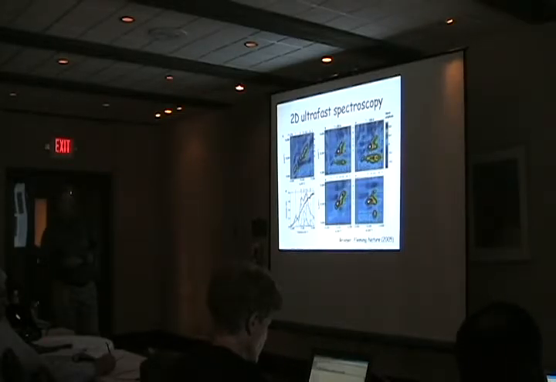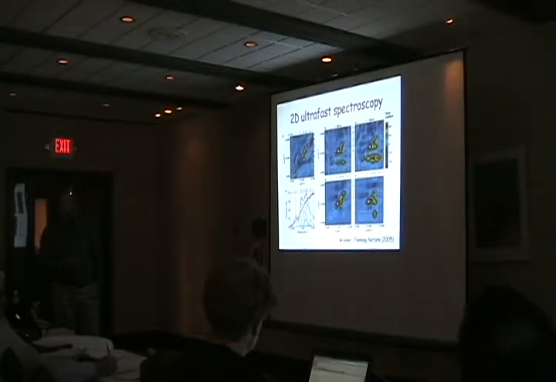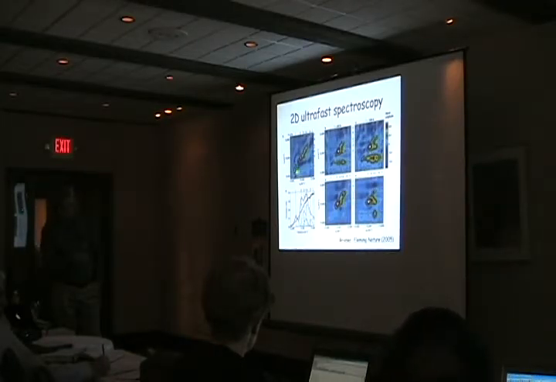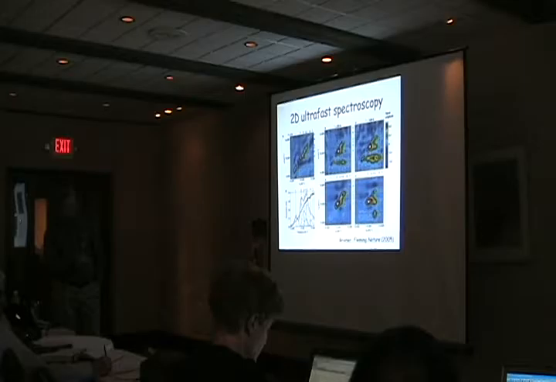Some of you may have seen this very interesting paper from our collaboration with Graham Fleming's group from Berkeley, in which we did 2D ultrafast spectroscopy on this FMO complex. This shows the diagonal, which is basically similar to the absorption spectrum. This is the low temperature absorption spectrum.